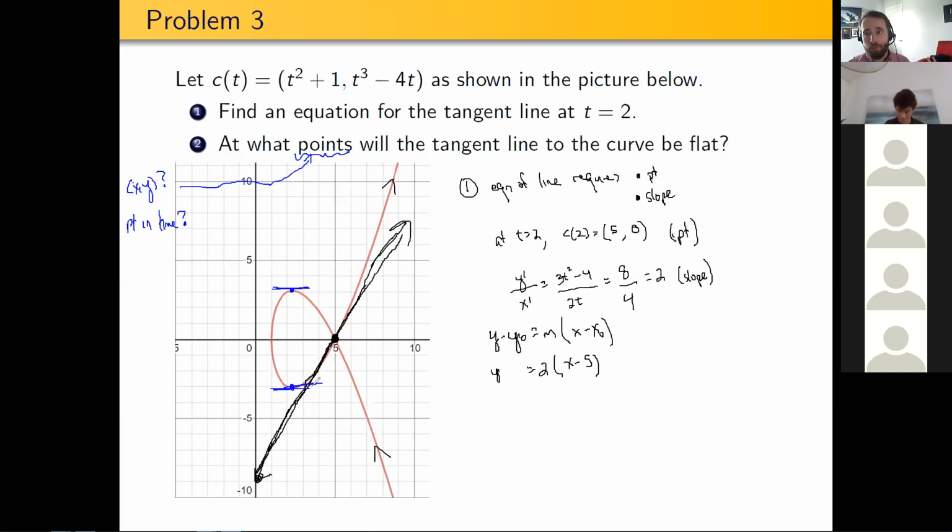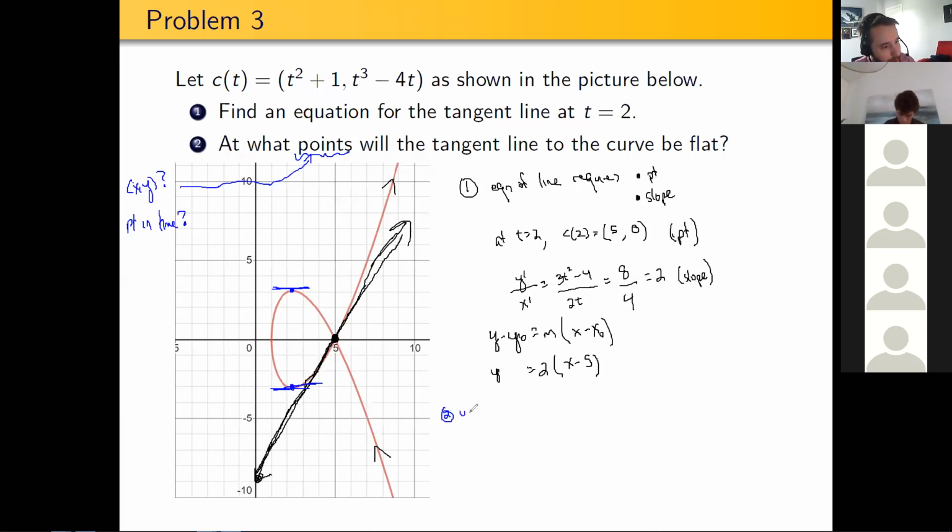Well, we have to think through what tools we have. The tangent line will be flat if the slope of the tangent line is equal to 0, and the slope of the tangent line will equal 0 if the corresponding equation dy over dx equals 0.